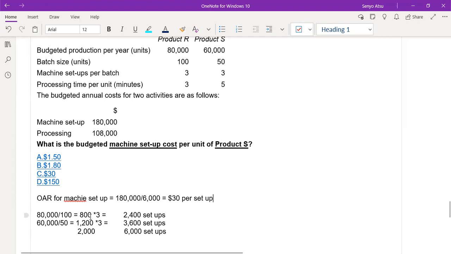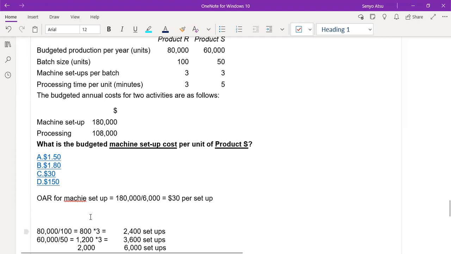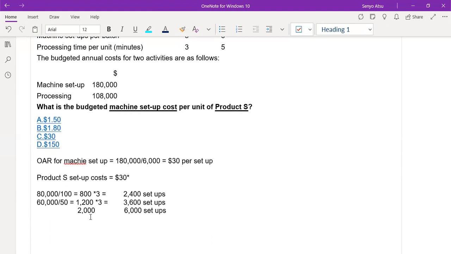So to answer the question, for product S, setup cost is $30 per setup times product S, 3,600 setups.